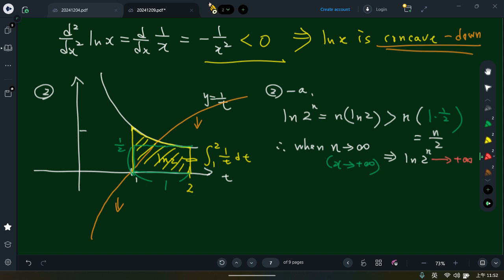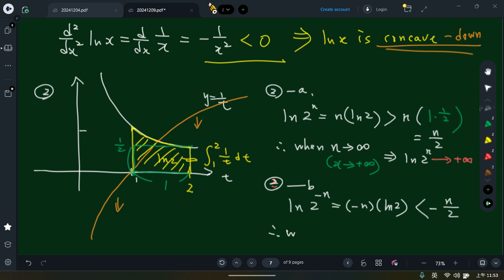So similarly, for the second part B, when we think about ln 2 to the power of negative n, that will be negative n times ln 2. That will be less than negative n over 2, following a similar way.